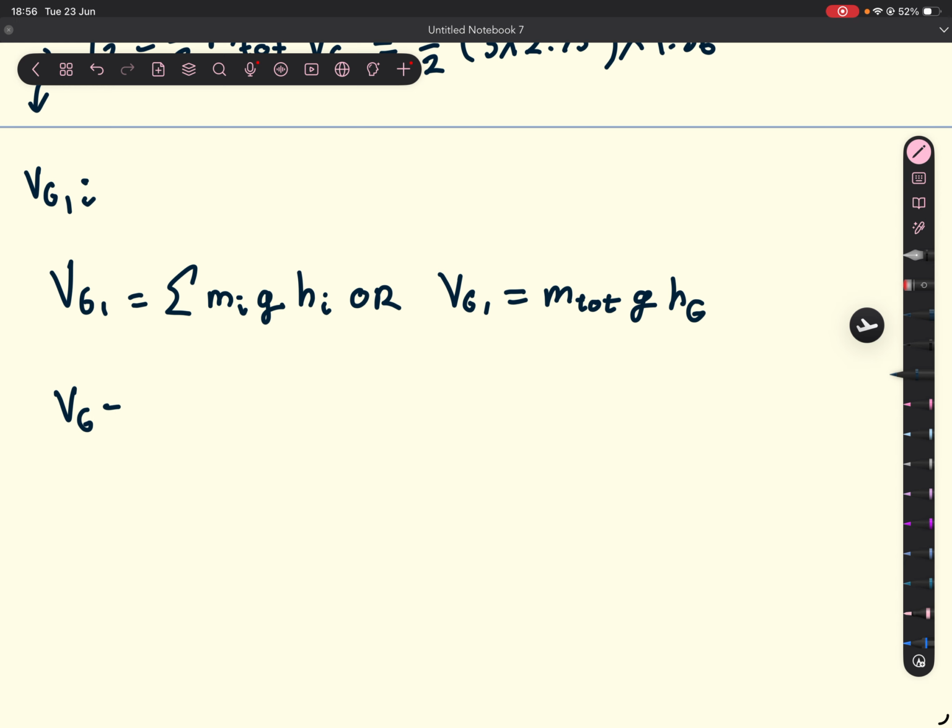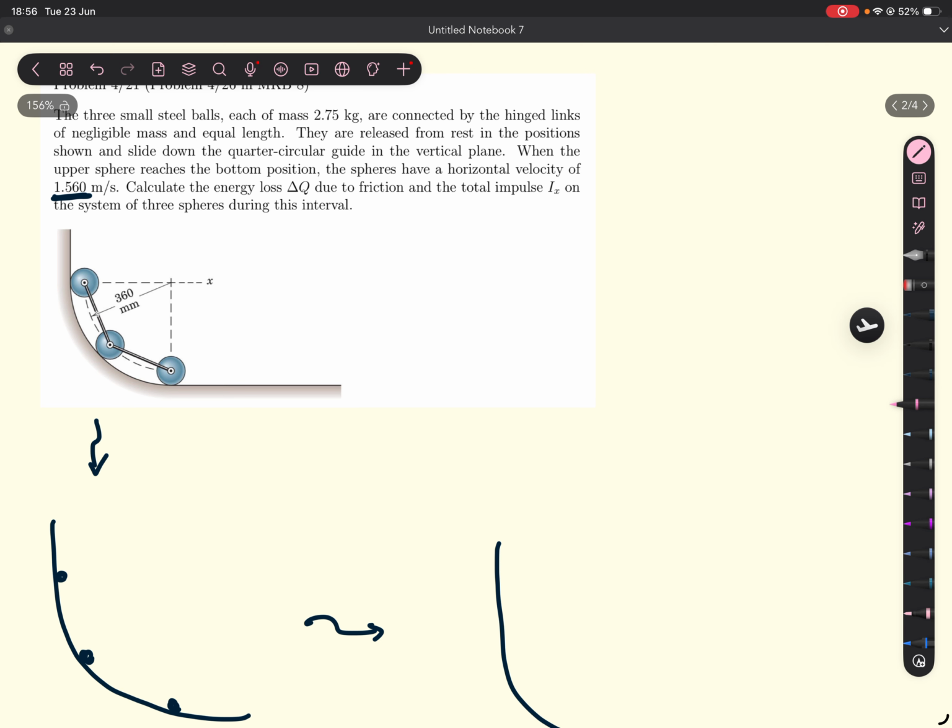And in doing so, we're going to first define a datum or a reference line, right? So I'm going to say I'm taking all my measurements from this line over here. I'll call that x prime, for example. And then everything above this line is positive, everything below this line is negative.